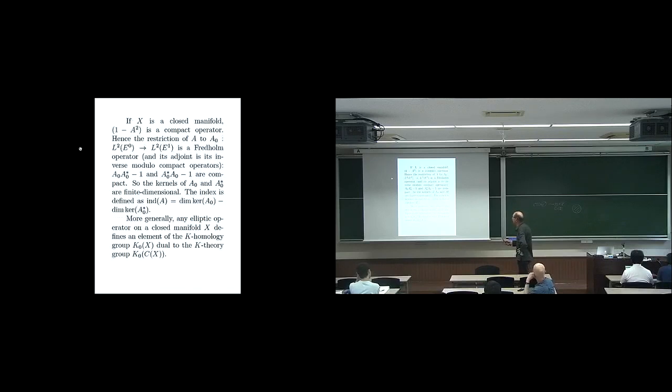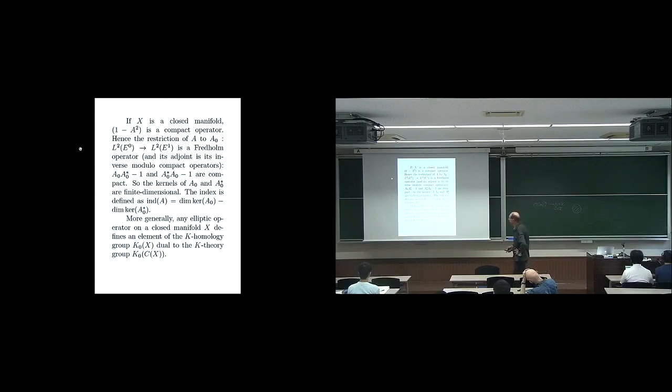So both A0 and A0 star are Fredholm. Fredholm operators have finite dimensional kernel and finite dimensional co-kernel. So the kernels of A0 and A0 star are finite dimensional, and so we can define the index of a Fredholm operator as the difference of dimensions of the kernels of A0 and A0 star.